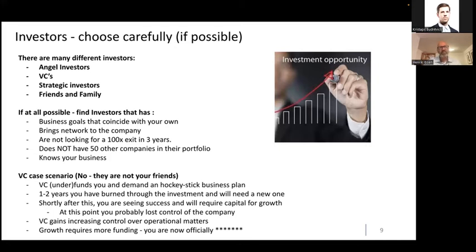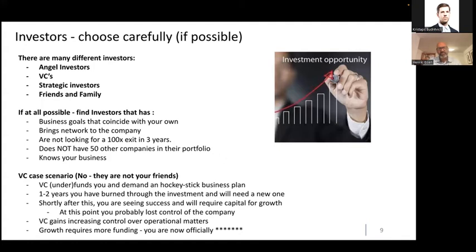If you can find any such investor, that would be the best one, because they have knowledge about the market and they bring network to the company, and they're not looking for a 100x exit in a couple of years like the VCs do. But most importantly, I think they know what you're doing and they understand what you're doing. Otherwise, they wouldn't consider it good for their business. That's extremely important, because the VCs definitely do not understand what you're doing.